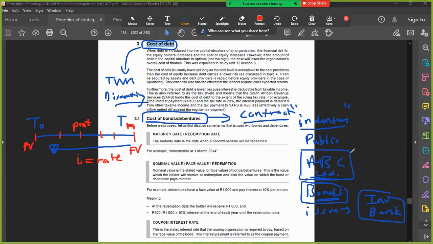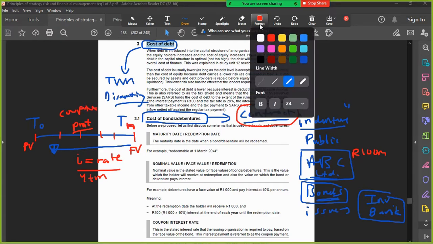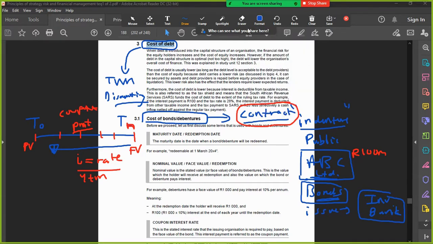All right, so ABC wants to raise capital. ABC wants 100 million. They're going to structure this contract, and this contract is going to have a coupon rate and a yield to maturity. This yield to maturity is just a fancy term for the rates. The payment is called the coupon. We spoke a little bit about this earlier, so I'm just putting it on the diagram. And then in the actual textbook, you'll see some of it.